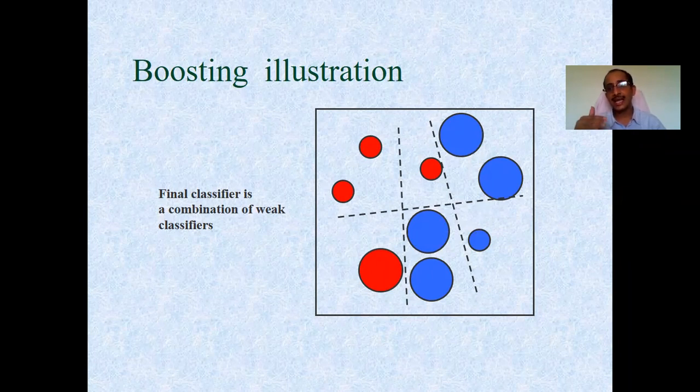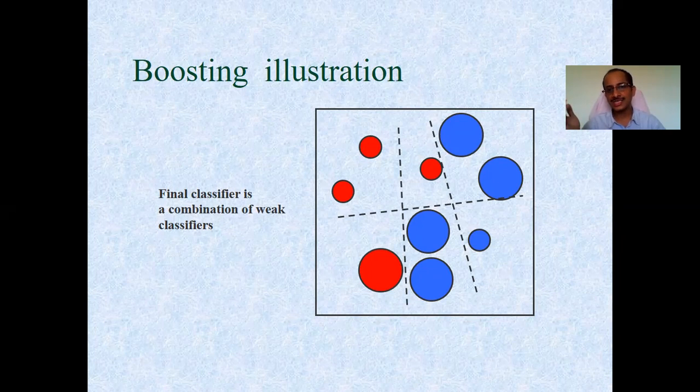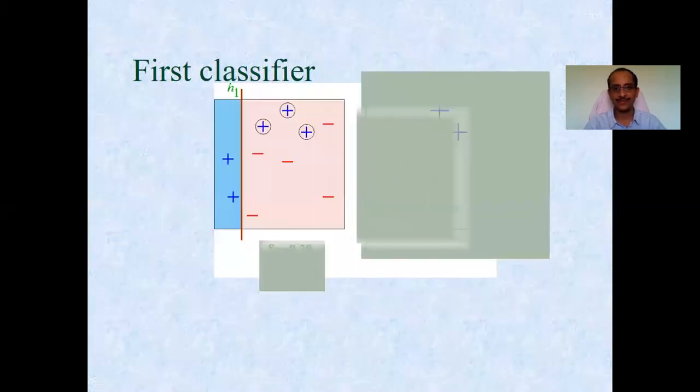But the second classifier will act in such a way that whichever the first classifier has misclassified, more importance is given to those patches to classify them better. The third classifier will act such that those misclassified by the first two weak classifiers will be better classified.